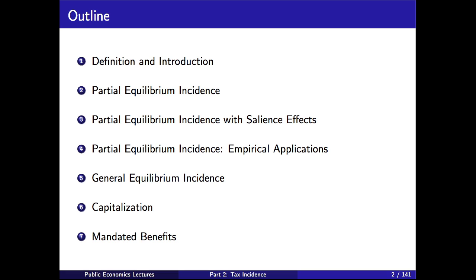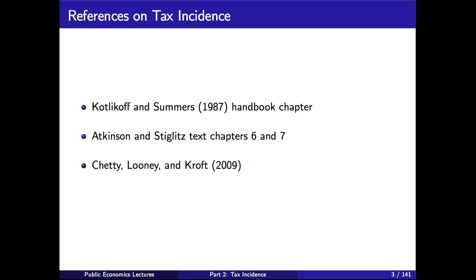We'll then talk about a technique that solves that problem, which is capitalization. And then we'll talk about another set of issues related to mandated benefits. So for this set of topics, for the classic theory, you can look at the Kotlikoff and Summers handbook chapter. You can look at the old Atkinson and Stiglitz text.